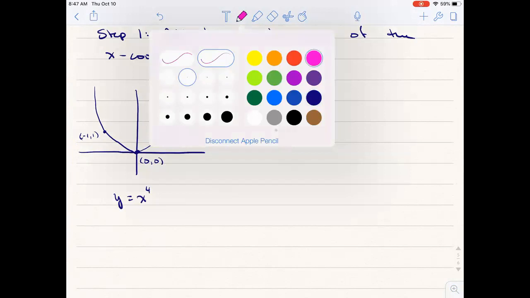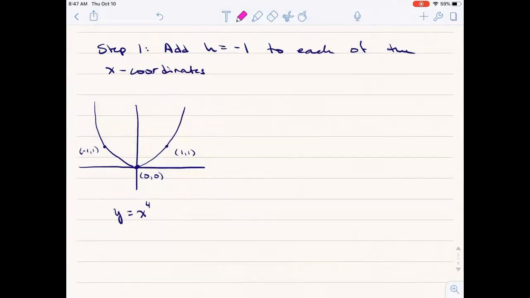If we're going to add -1 to each of these, then this coordinate becomes -2, 1. 0, 0 becomes -1, 0. And 1, 1 becomes 0, 1. So we'll draw a new graph where these are all shifted over.